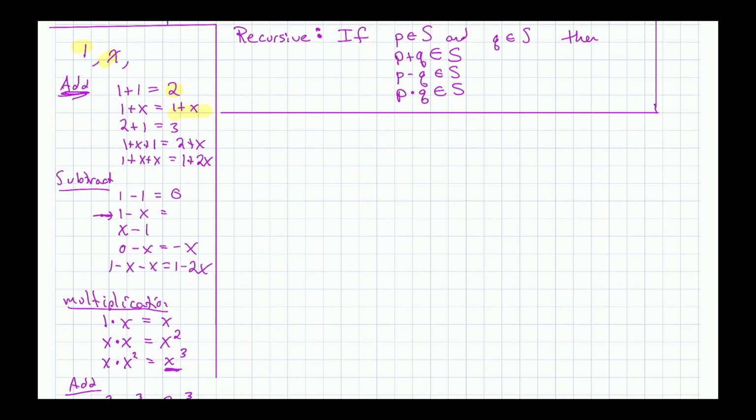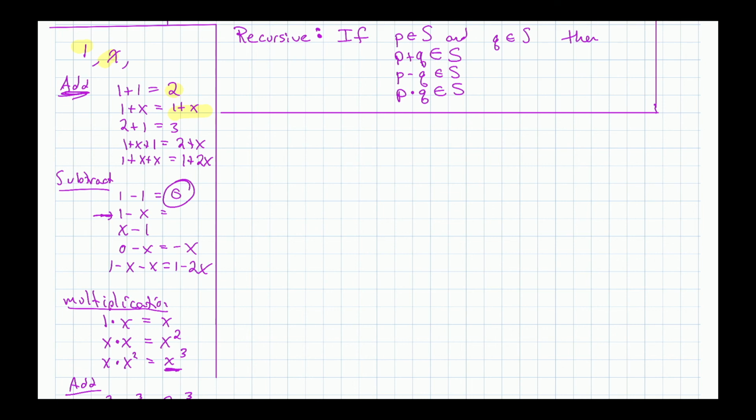Now, you do have to be careful here, right? Addition, subtraction, multiplication all have to be defined. You could not add division because, first of all, since 0 is in there, if you allowed division, you'd have to worry about divide by 0.